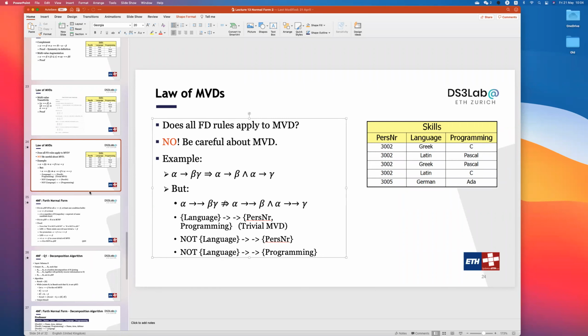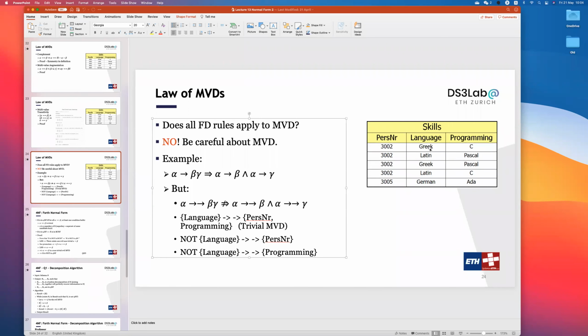So if I'm not mistaken, now we have language Greek, and then personal number 3002. In this case, this is one case where we have the swapped properties of C and Pascal. But if we see T3 as T2, then they are going to be the same.